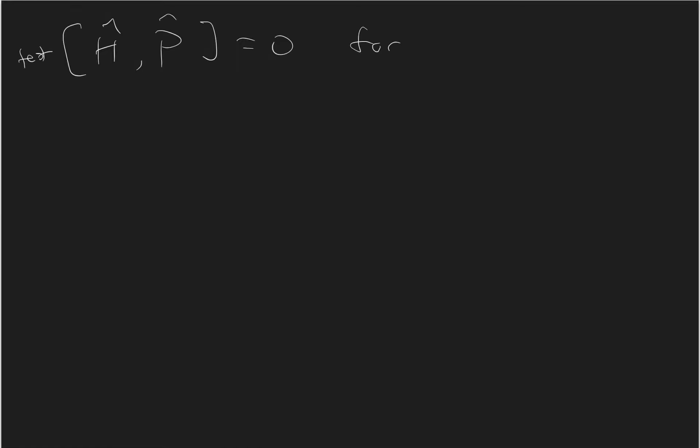It's like a test for conserved parity. This is very important for neutrino physics and such, which we won't get to for a while. But for a single particle in a central potential, the parity of a state with orbital angular momentum L is determined.